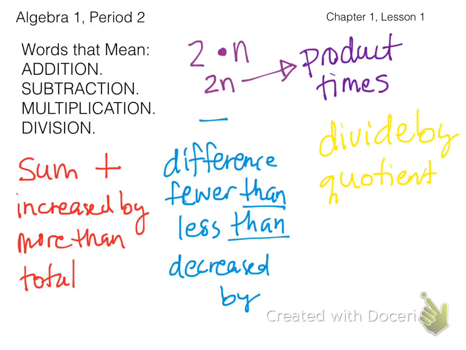Okay? And then for division, you have the normal division that you guys have been doing since 3rd grade, or you can have a fraction bar. So this would be f divided by d. So make sure you pay attention to those things.